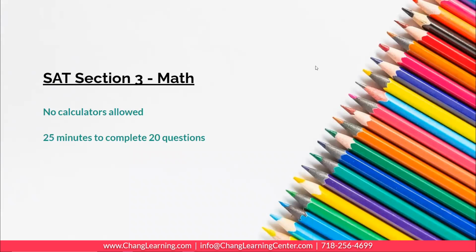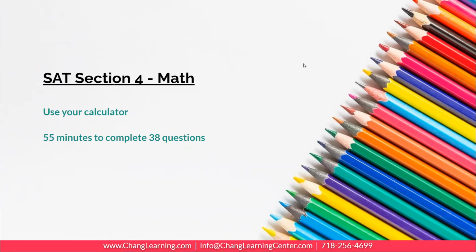So to recap, as we finish up here, make sure that you go over the special topics, but remember that total could be 10 to 15% of the exam as well. In the section 3 math section, no calculators are allowed, and you'll have 25 minutes to complete 20 questions.